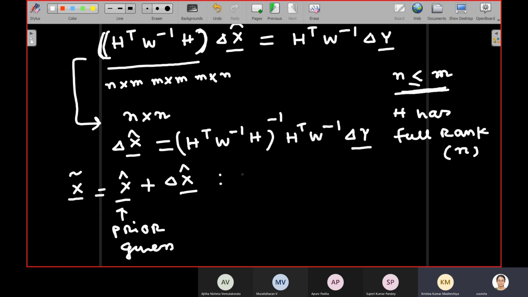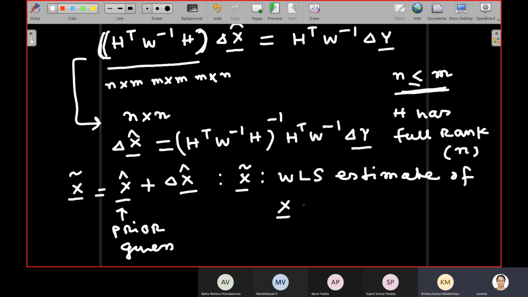X tilde is the WLS estimate of x. Since we are dealing with nonlinear equations, we had to linearize it, and then we found the estimate. Okay, x tilde is called the WLS estimate of x.